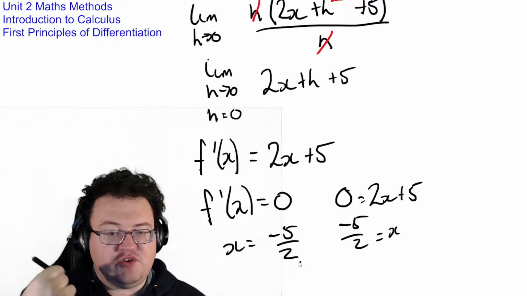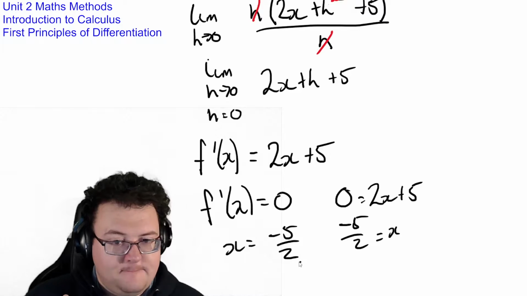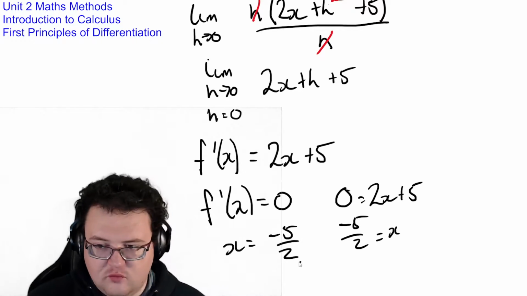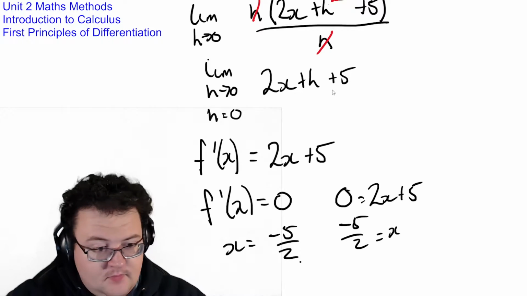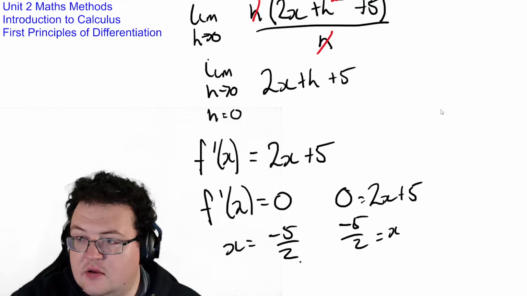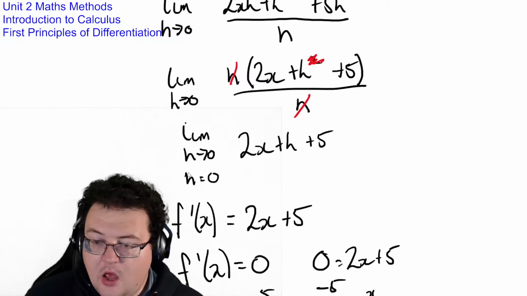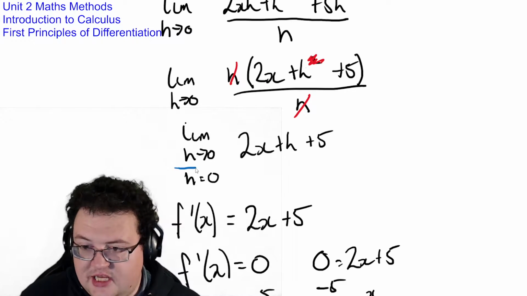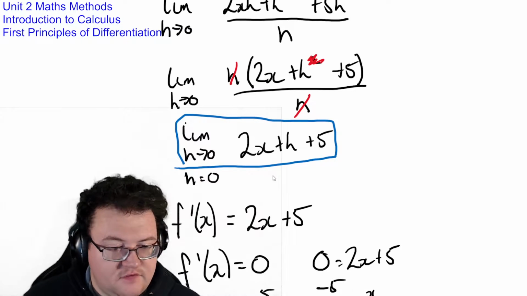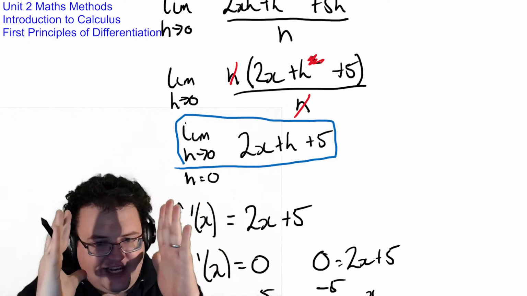So what I've done is I've shown you how to find the turning point by hand, not using any weird and wonderful rules. What happened to the h? So here, 2x plus h plus 5. When I get to this point, where I just have that one h by itself, that's when I start squeezing that gap.